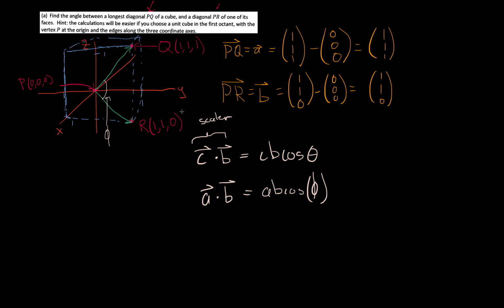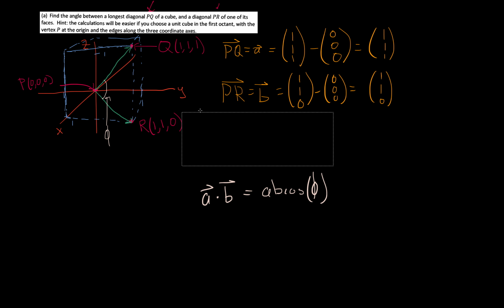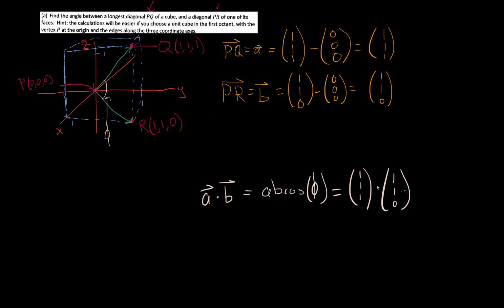And let's exploit that. We have phi in the equation, and we have a lot of things we can calculate. First of all, calculating A dot B is pretty easy because we have both of these vectors. It's just going to be this 1, 1, 1 vector dot product by this 1, 1, 0 vector. And if you remember how we do dot product, we take each corresponding value of each vector, multiply them together, and then add them all.